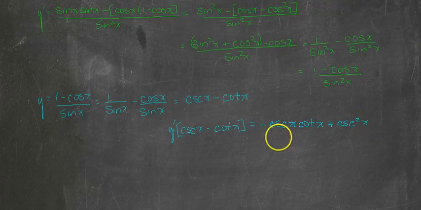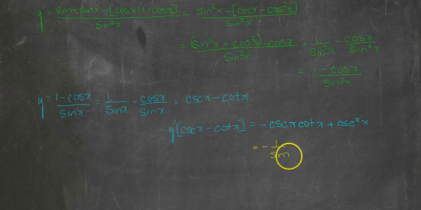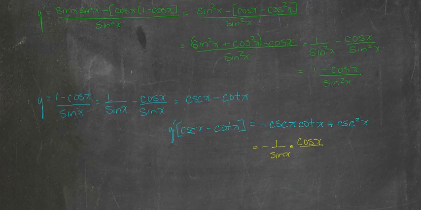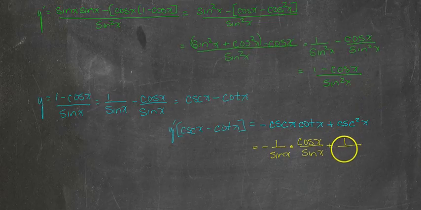And to show that, I'll work backward. So we have negative, well, cosecant is 1 over sine x times cotan is cosine over sine x, plus cosecant squared x would be 1 over sine squared of x.